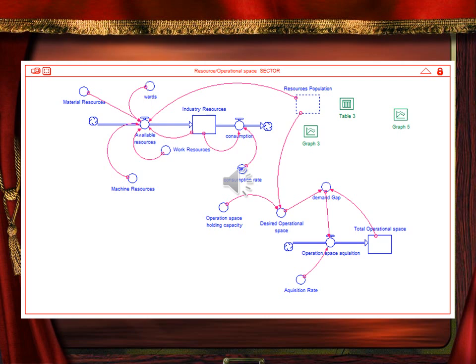For example, industry resources, if we could start with that, it has an inflow of available resources, which is a combination of machine resources, work resources, thereby we're talking about human laborers or human resource, and material resources.